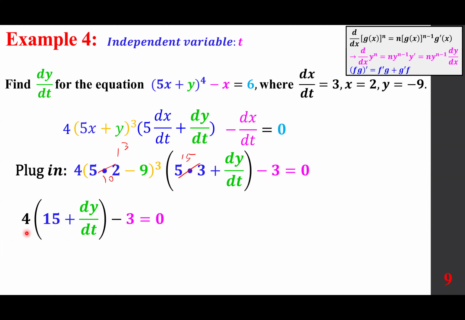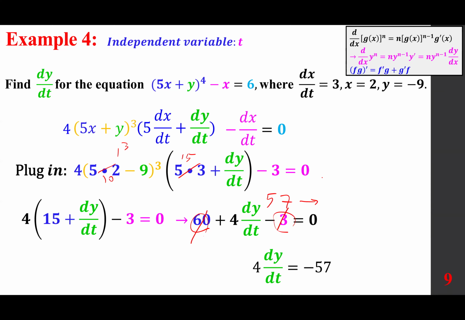The product is 60 plus 4 dy/dt minus 3 equals 0. 60 and -3 add up to 57. You move it, you make it -57 on the right, and finally divide by 4. dy/dt is -57 over 4 as the final answer.